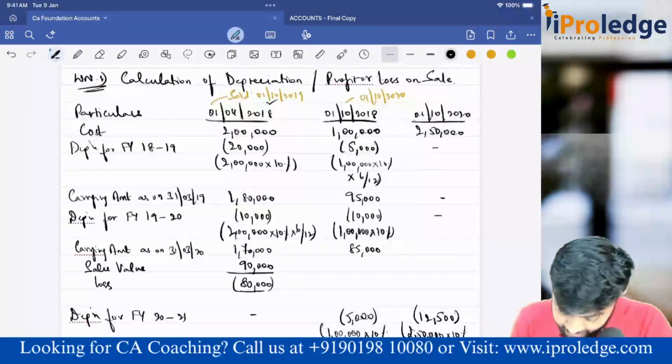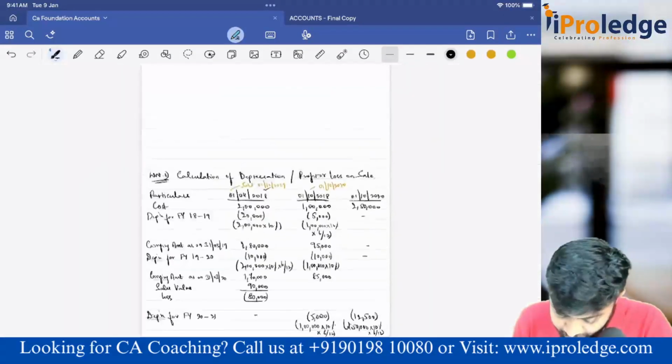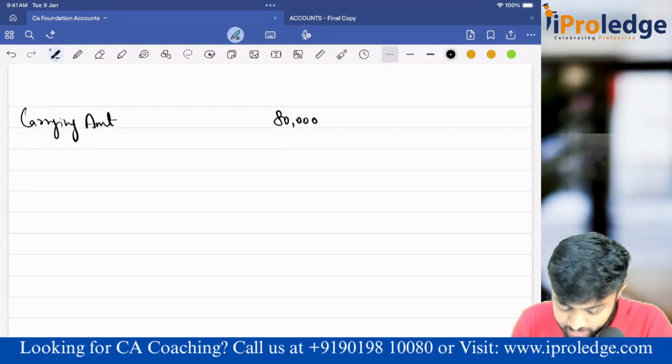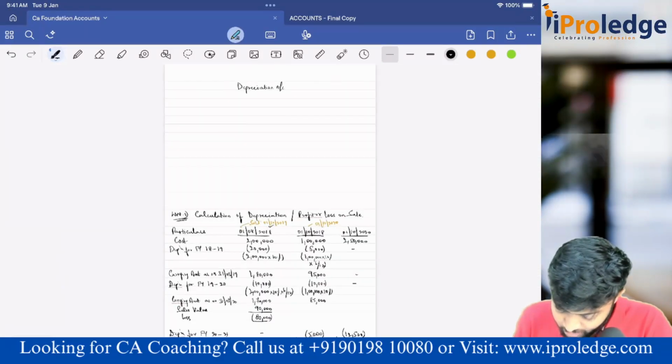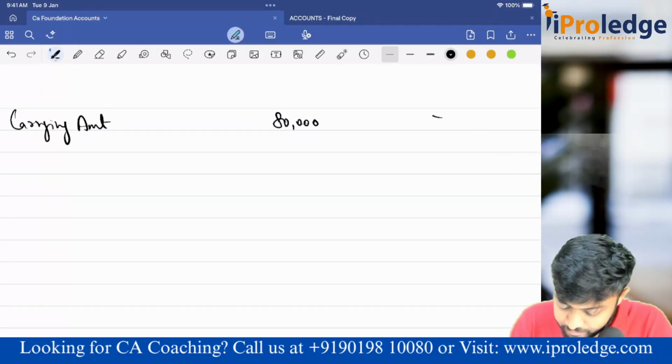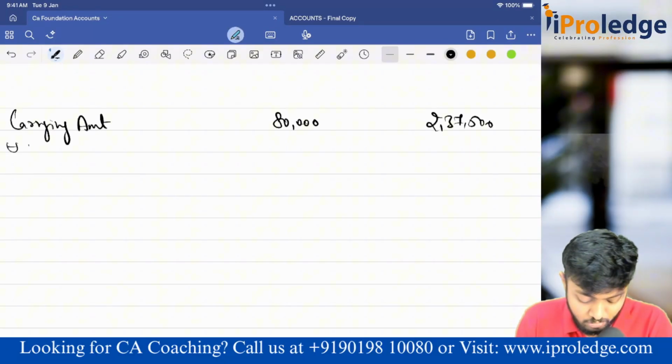So first one nothing, second one 85,000 minus 5,000, it is 80,000. The next one 2,50,000 minus 12,500, that is 2,37,500.